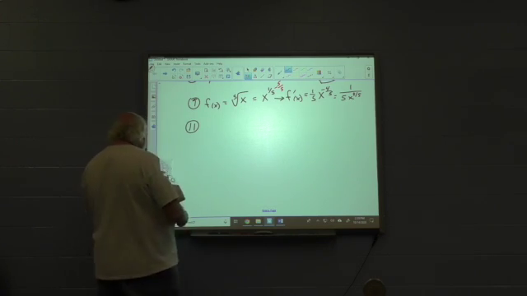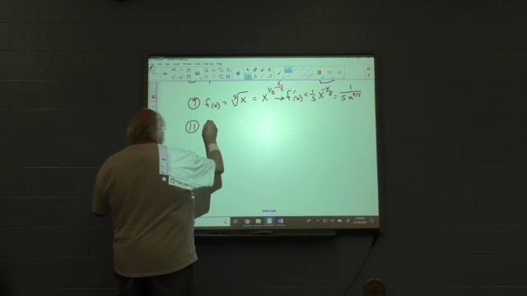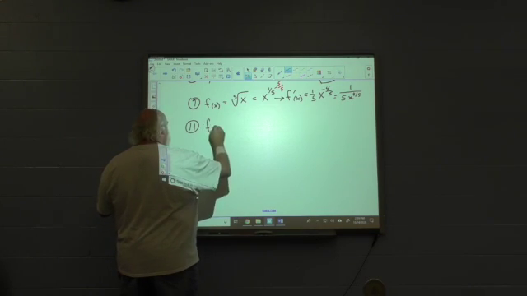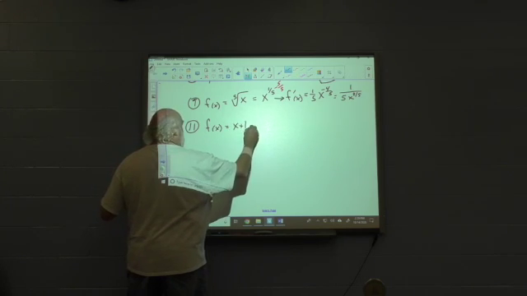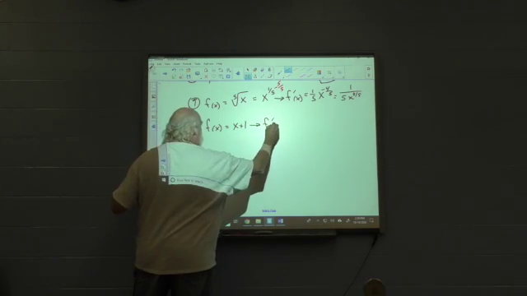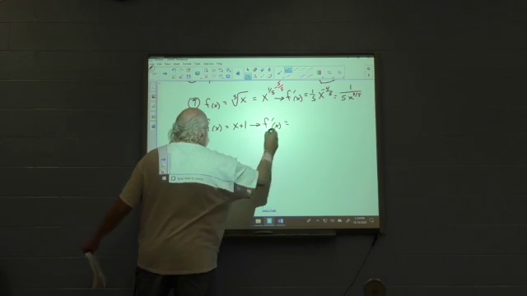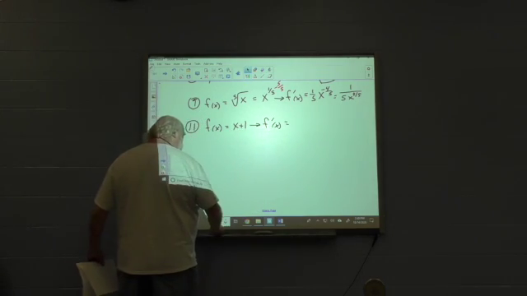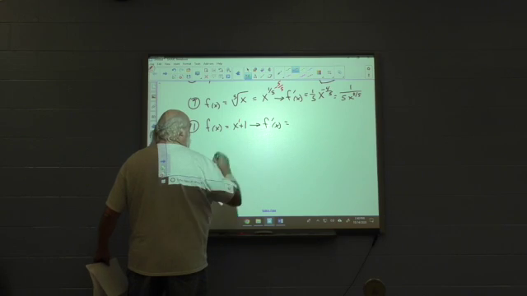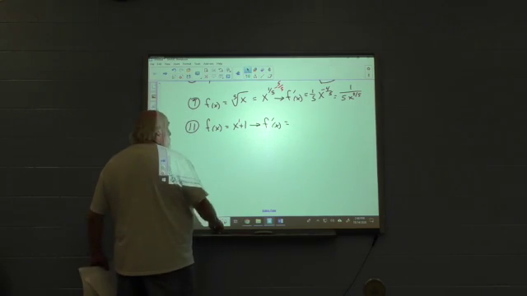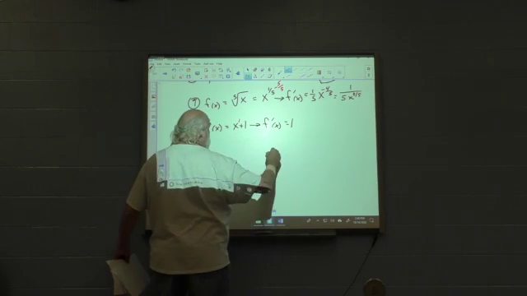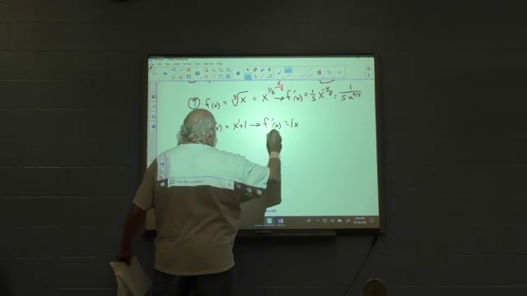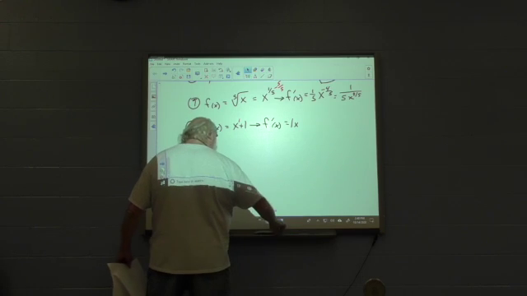Okay, number 11, f of x is equal to x plus 1. So f prime of x, well, this is x to the 1st power. So that 1 is going to go in front of the x. The x then, this is going to be 1 minus 1.